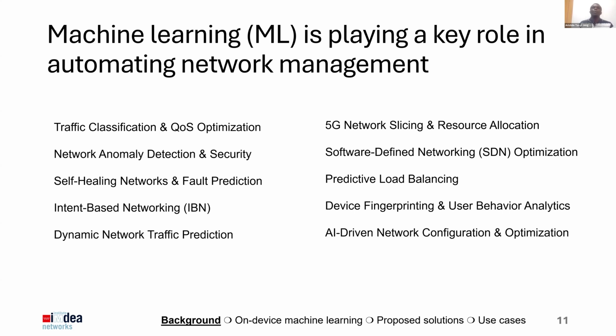And here you have a wide variety of things that you can do in terms of network management with machine learning, be it traffic classification, which we'll be talking about in this work, to things like intent-based management or security applications, anomaly detection, intrusion detection, or even things like AI-based network configuration and optimization. So really, machine learning is already doing a lot in terms of automating things in networking and even promises to be able to do more.